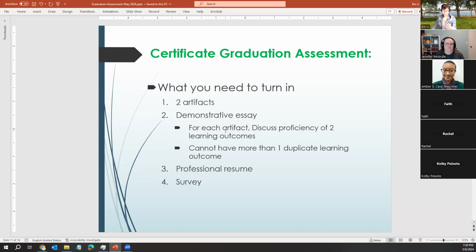And then from another course artifact, for instance 7780, you can talk about learning outcome number 2 and 5, or you talk about learning outcome number 2 again, but you have to talk about 3 different learning outcomes. So this is how the demonstrative essay for the certificate graduation assessment is a little bit different from the master degree.